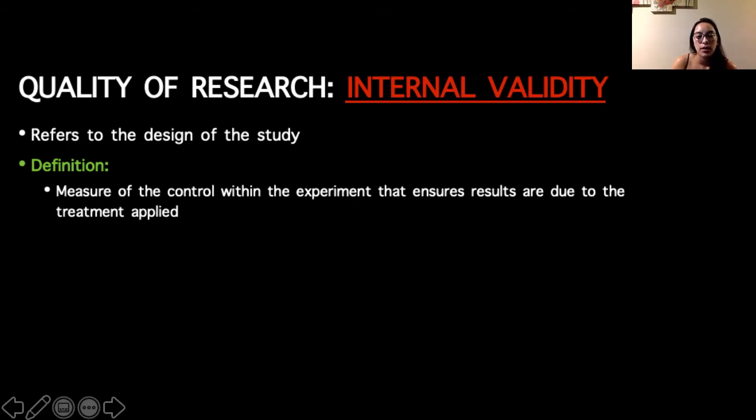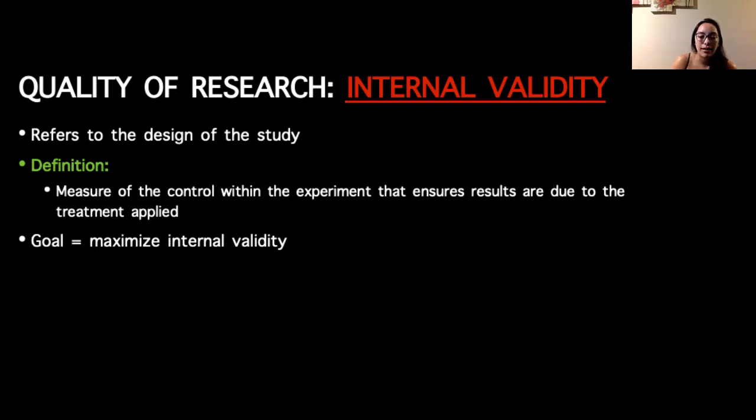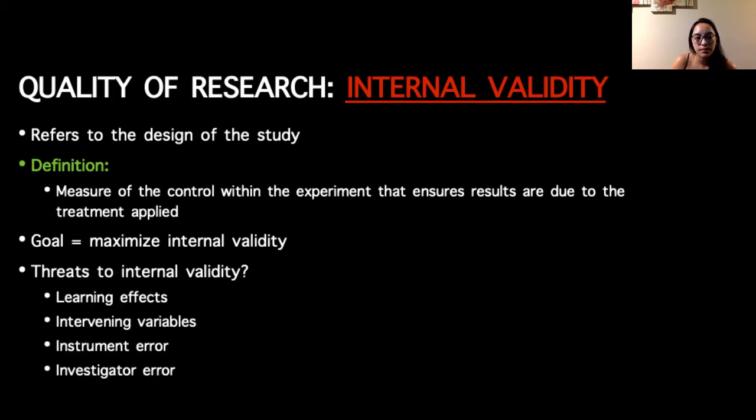Okay, so the goal for internal validity is to maximize it in most cases, which means that we have to know what things in our study design may pose threats to our internal validity. Threats meaning that they decrease our internal validity. These are 4 major ones that we can think about, but this is not an exhaustive list by any means.